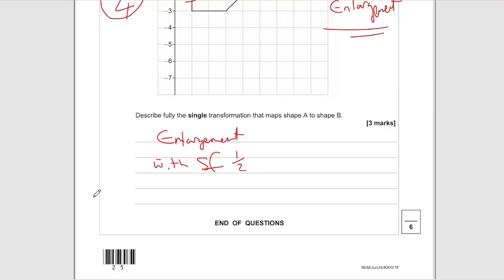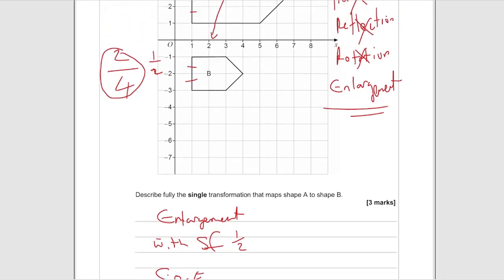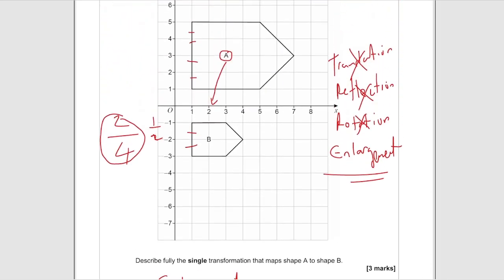Yeah. And we need to find the center of enlargement. Okay, the center of enlargement is the point that it's been enlarged from. Now, if I've got something like this where I've got two shapes and I don't know what the center of enlargement is, all I do is I do a ray line from, it's difficult to do without a ruler on here, but you go from the 2 points and you just carry that line on, and that line's going to come down here somewhere about like that.